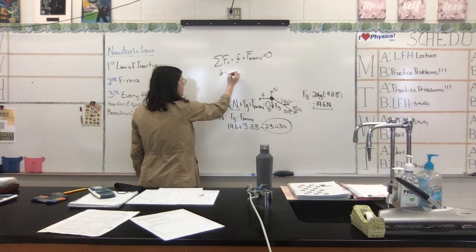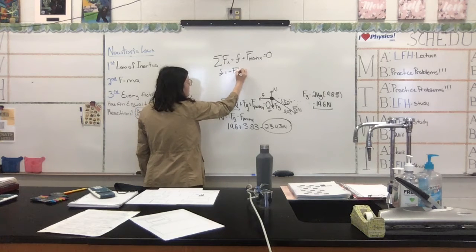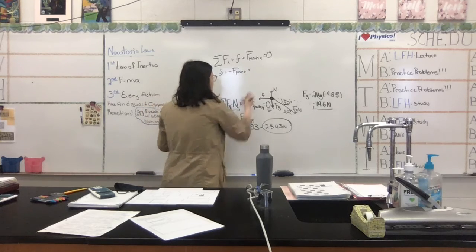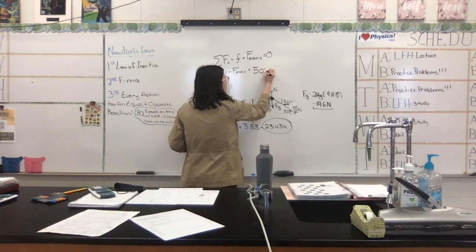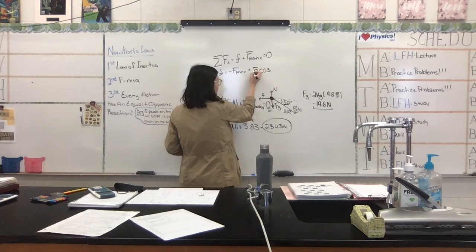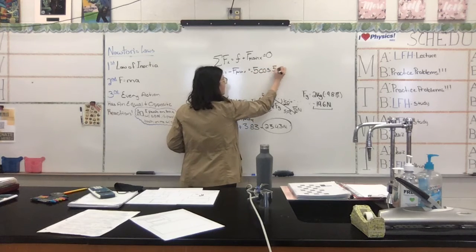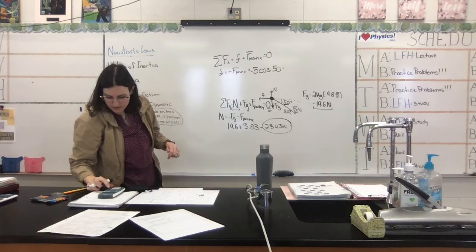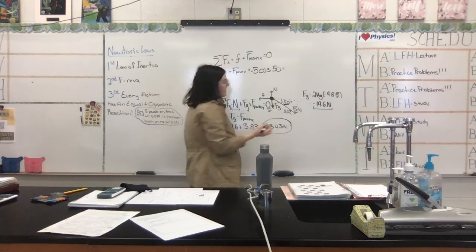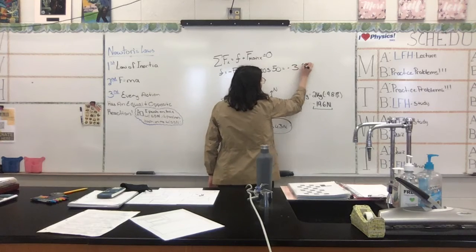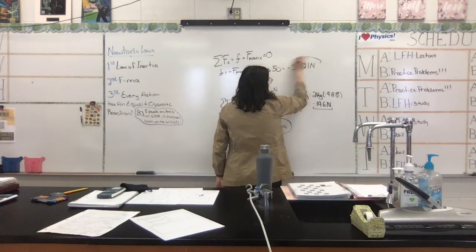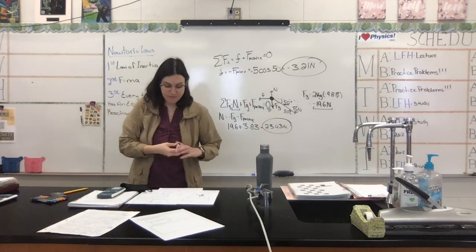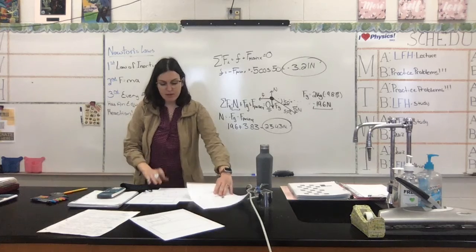And to get the friction alone, it'll just be the negative force of the push in the x direction, which is going to be equal to negative 5 cosine of 50. And negative 5 cosine of 50 gives us negative 3.21 newtons of force, or a frictional force, okay? That's a wrap on number 8.